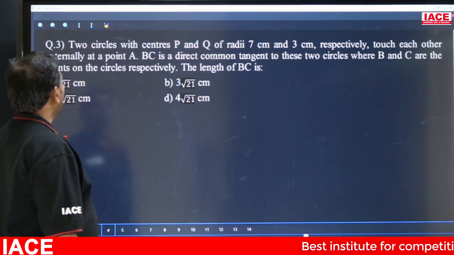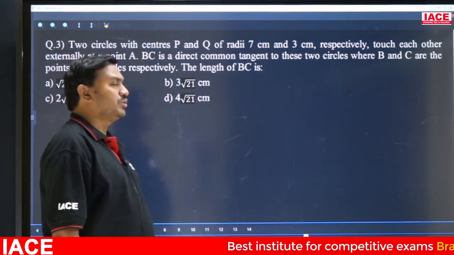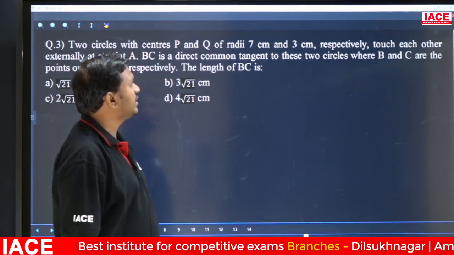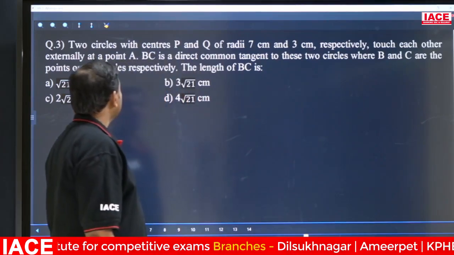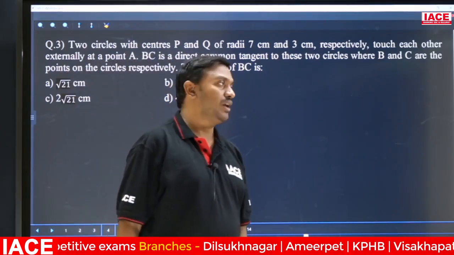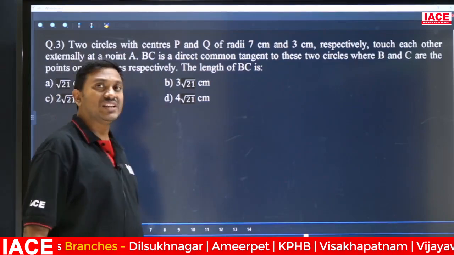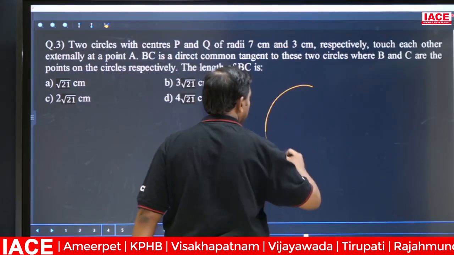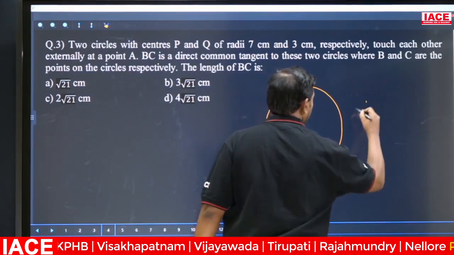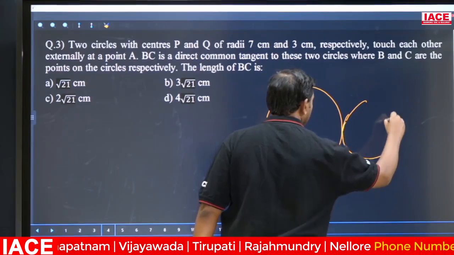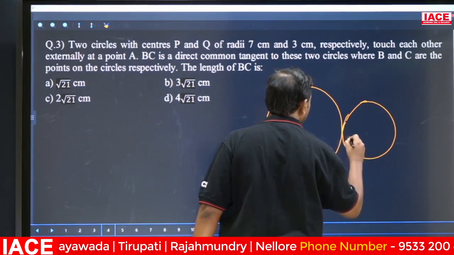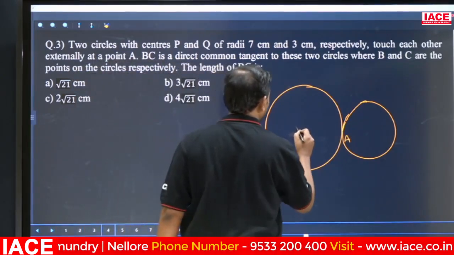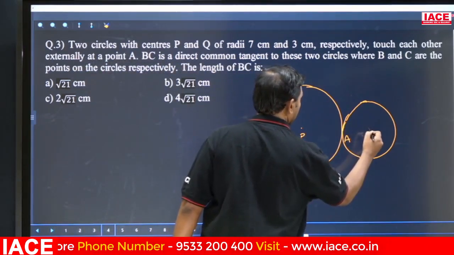Two circles with centers P and Q, having radius 7 cm and 3 cm respectively, touch each other externally at a point A. So two circles touch each other externally at point A, with P as one center and Q as the other.